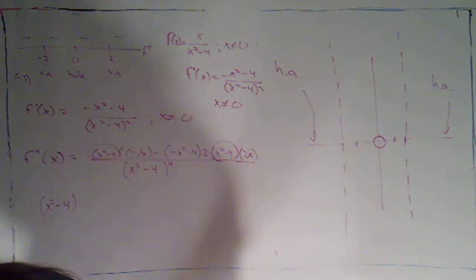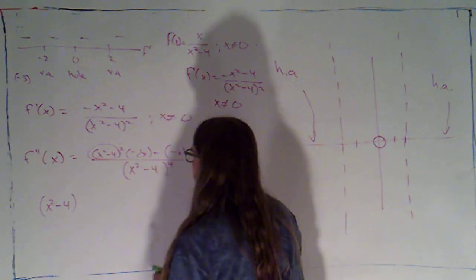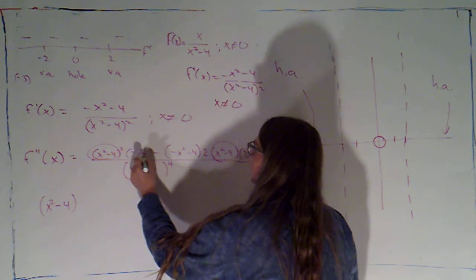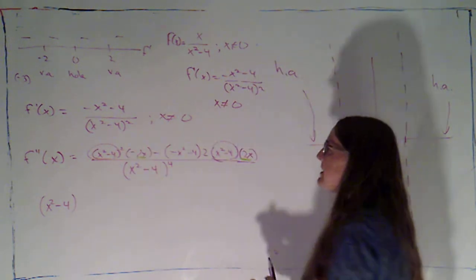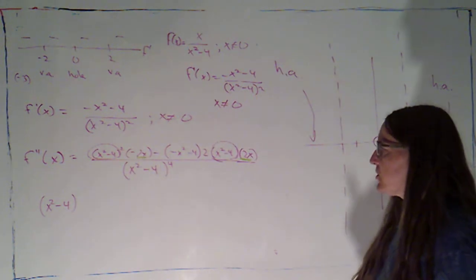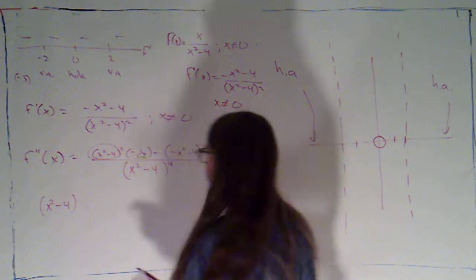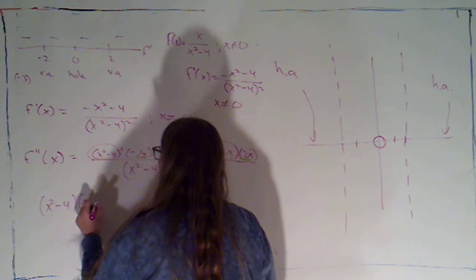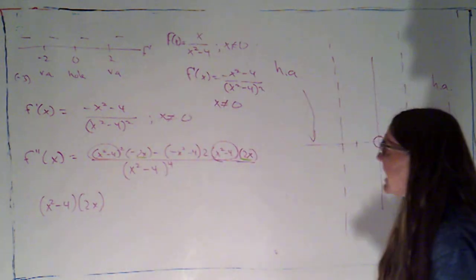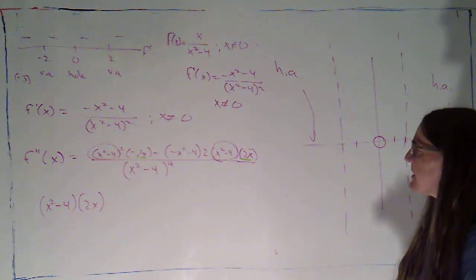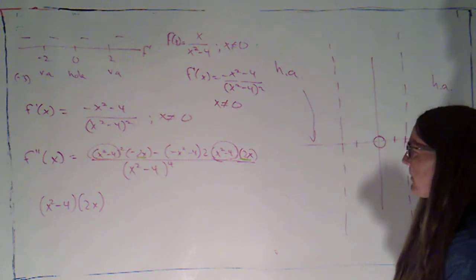I'm going to sort of keep track of what I'm factoring out. I'm going to factor that out as well. If I wanted to, I could factor out a negative as well. I think I'm not going to. I'm just going to factor out this much.